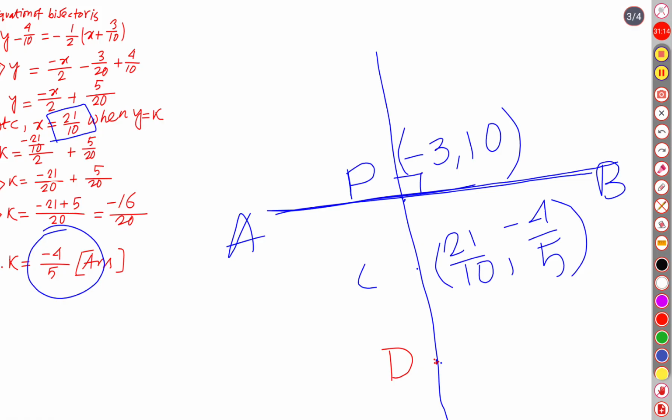Suppose this is 1 unit, one time, and this will be 2 times. Suppose from P to C this distance is 1 meter.